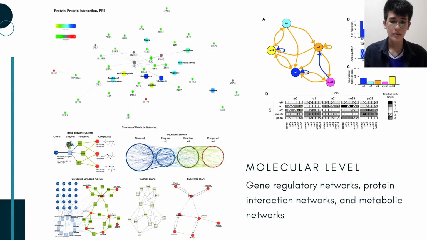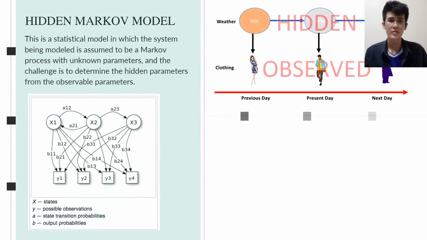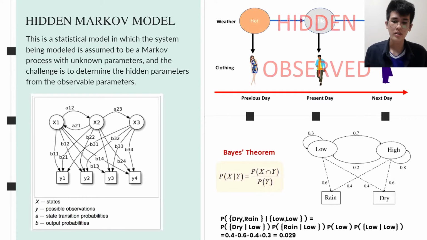I have to remind you that in the protein-protein interaction image, the green circle is known as the node, while the lines are known as the arrows or the edges, which link from one point to another. So now we move on to the hidden Markov model.